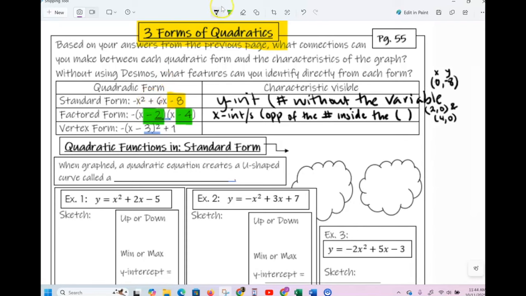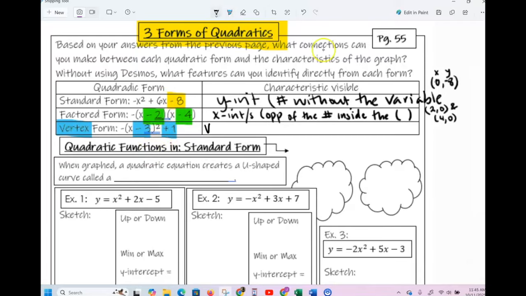Okay. What can I get from vertex form? Vertex form is exactly what it sounds like. It's in the name. Vertex form gives me the vertex. So I've got the x number, which is the opposite, because anytime you're inside the parentheses, it's opposite. And then you've got the y number outside. All right, so let's write that out.